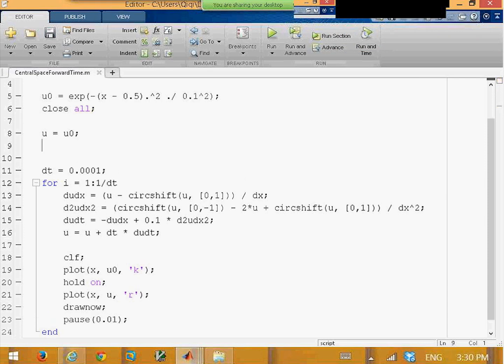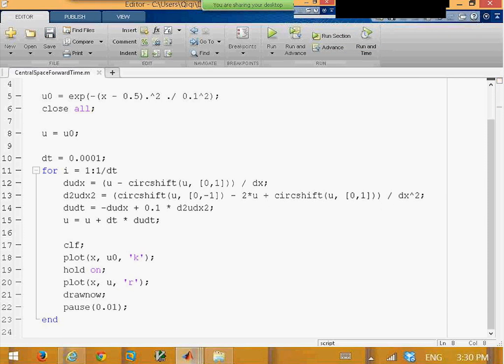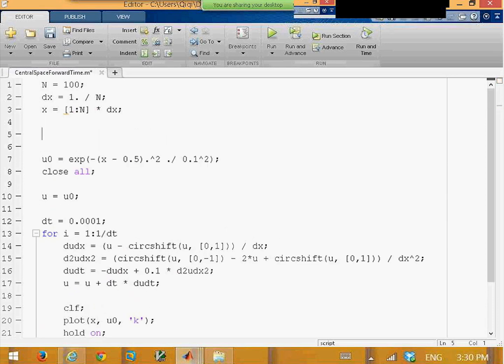So before we set our initial condition, we know what n is. We try to set up the matrix A, let's call it A DDT. So that is the matrix that gives me DDX, the derivative with respect to x.